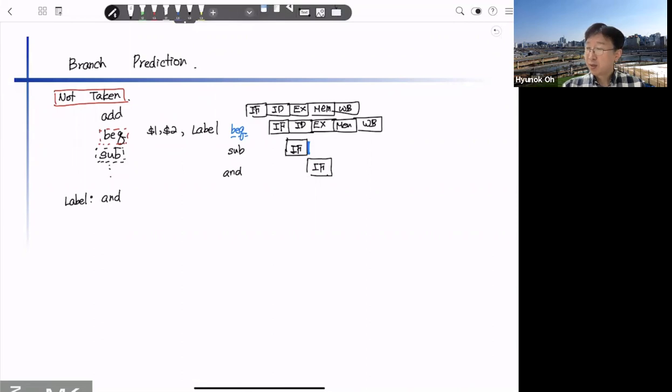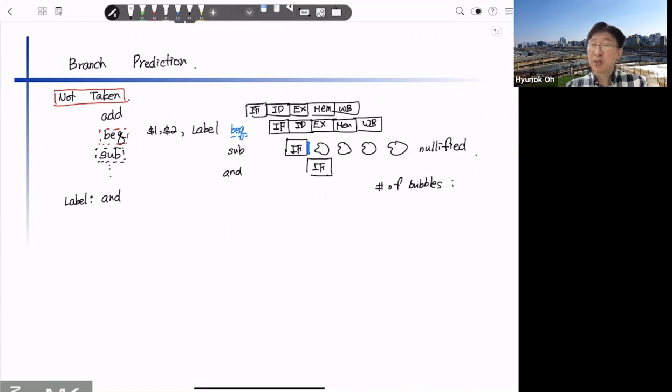It's incorrect. So if it's incorrect, then we are not executing the subtraction. It's nullified. Okay. So then the number of bubbles is what? It depends.